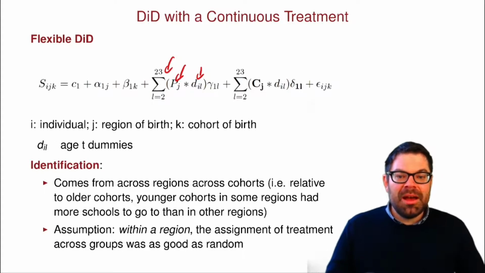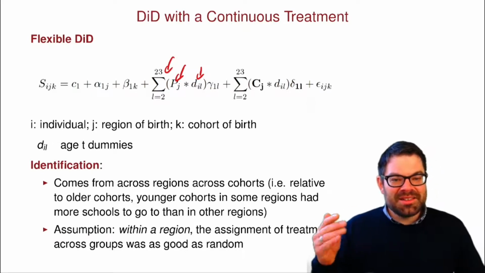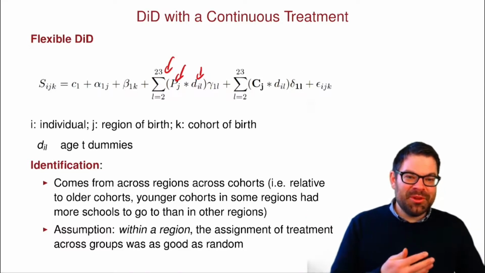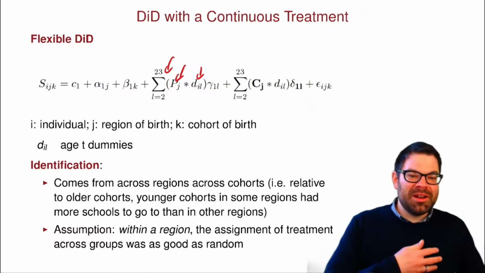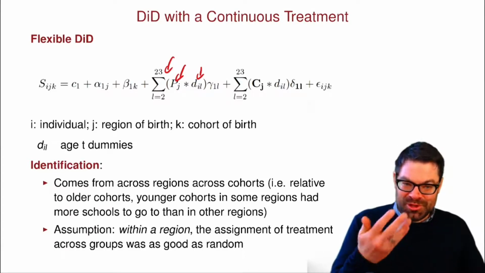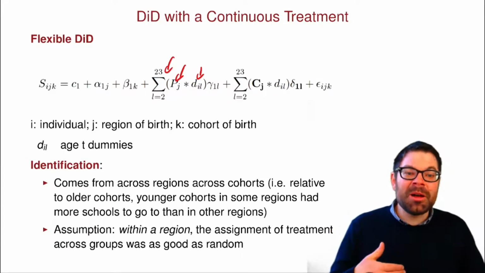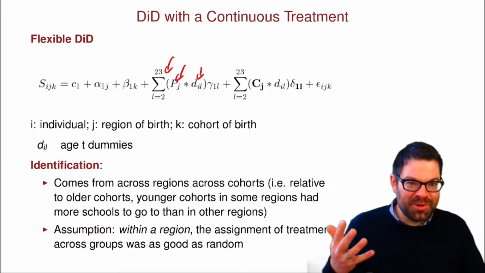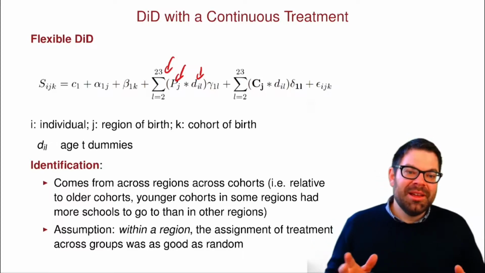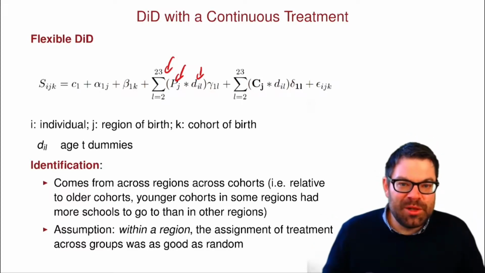And the assumption was that within a region, the assignment of treatment was as good as random, or at least people couldn't select into whether they would go to a school that was constructed or not. But especially when older cohorts are the control group here, that's quite a reasonable assumption.